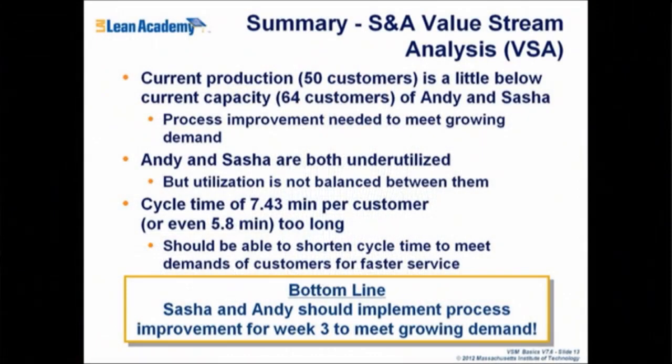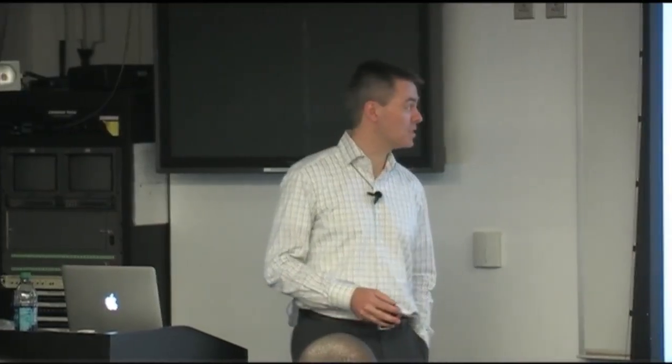We saw that our current production, the 50 customers, is actually a little less than they can produce, the way they could be doing things if they were working 100%. So they need to improve their processes in order to meet their growing demand. They're a popular stand, whether it's the talking, the chit-chatting, or the quality of the hot dogs, we don't know at this point.